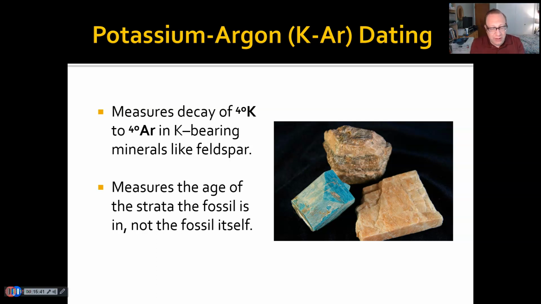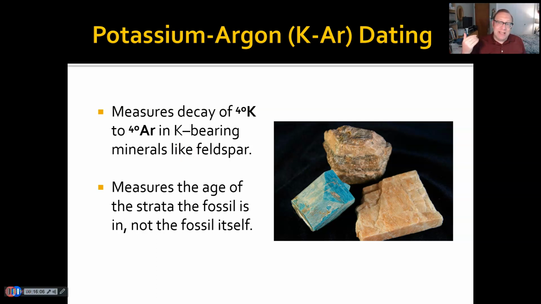Potassium-Argon dating, which I'm going to talk about, relies on the radioactive atoms in the strata that the fossil is in instead. So it's not analyzing the fossil, it's analyzing the strata, which is also an advantage if the fossil itself is very delicate or very rare.